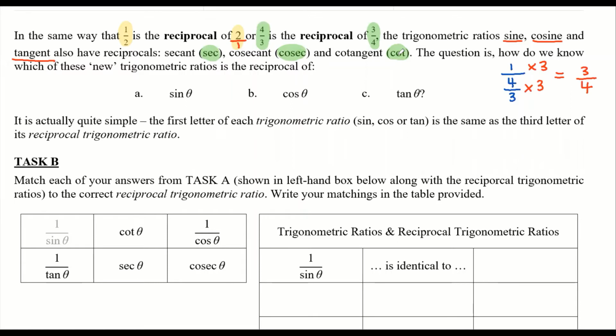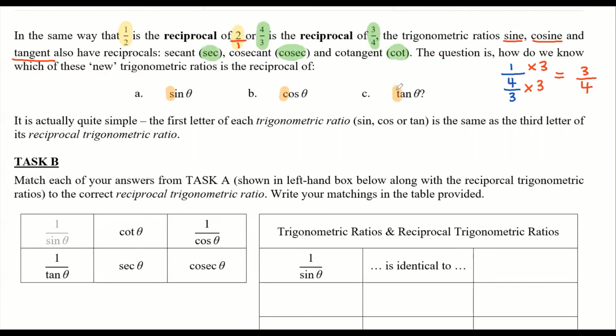Now, there's actually an easier way to remember this. All right. So what I'm going to stress to you is, and I'm going to get you to do this in a second, but this is the idea. The first letter of each of the ratios. So the first letter, of course, of sine is S. The first letter of cos is C. And the first letter of tan is T. Okay.